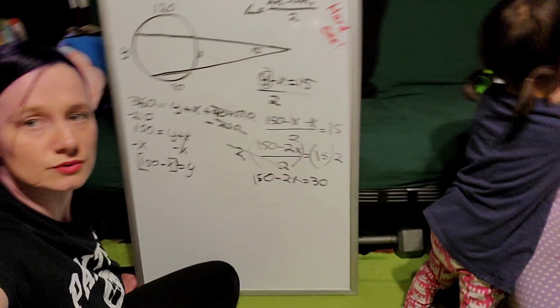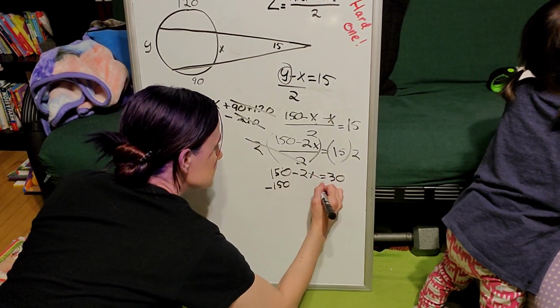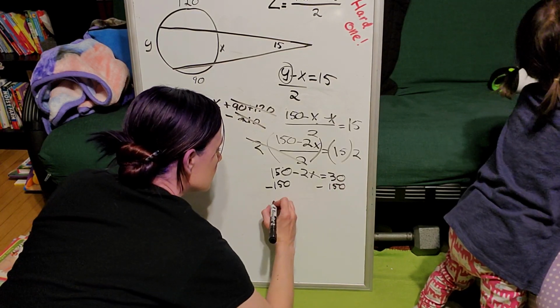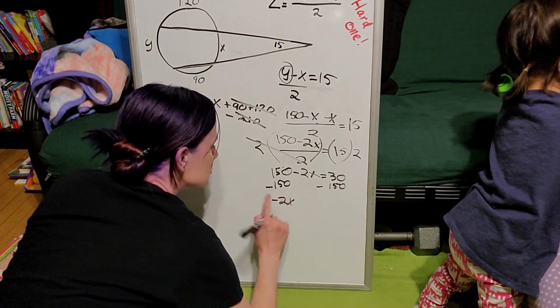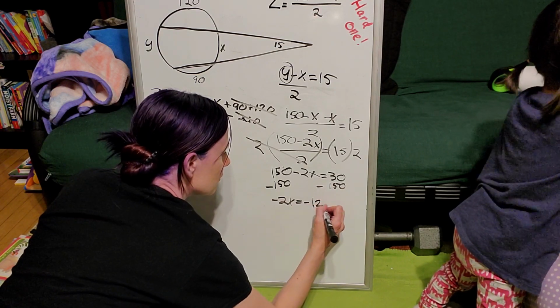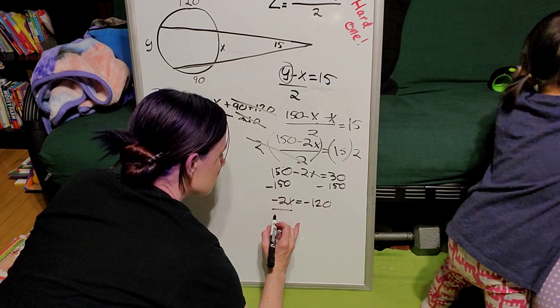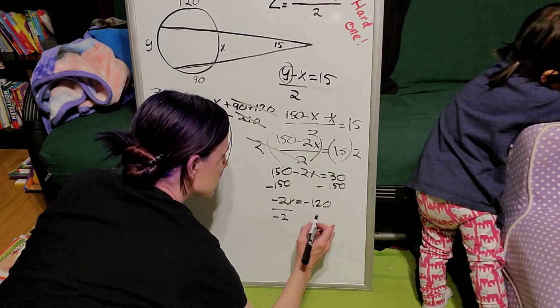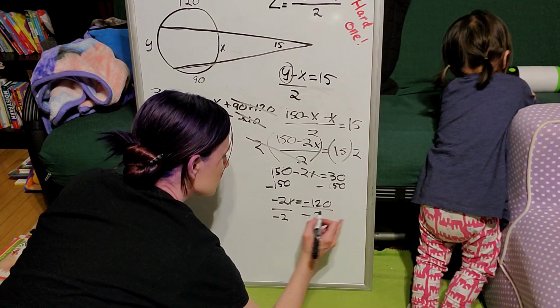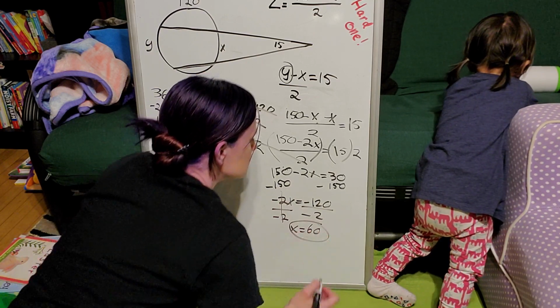So I'm going to do minus 150. So negative 2x, don't lose that negative sign, equals negative 120. So divide by negative 2. x equals 60.